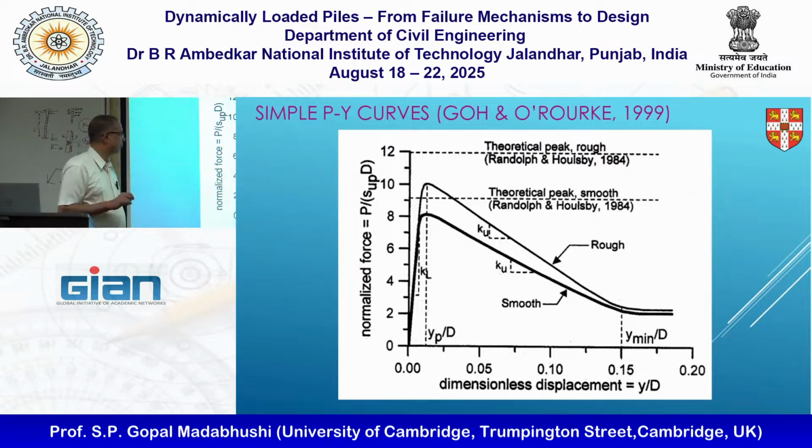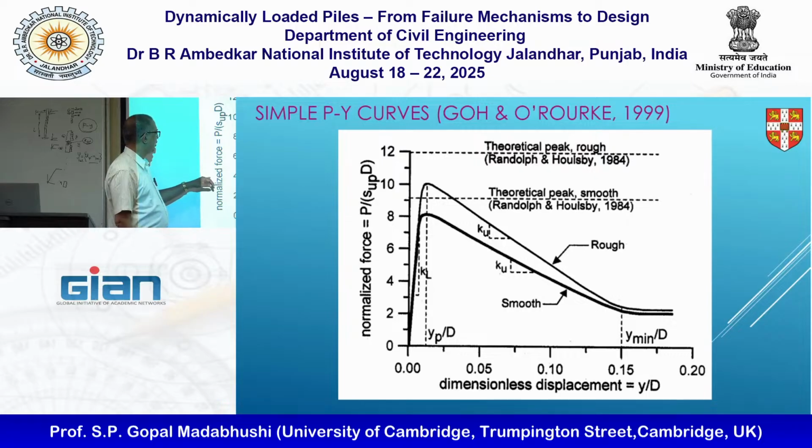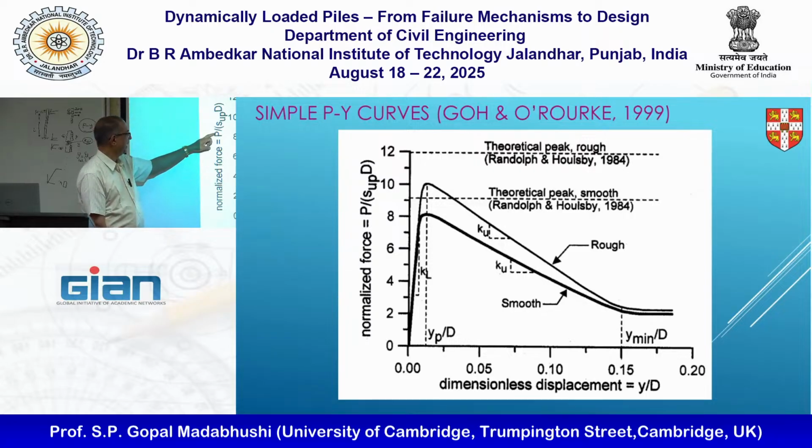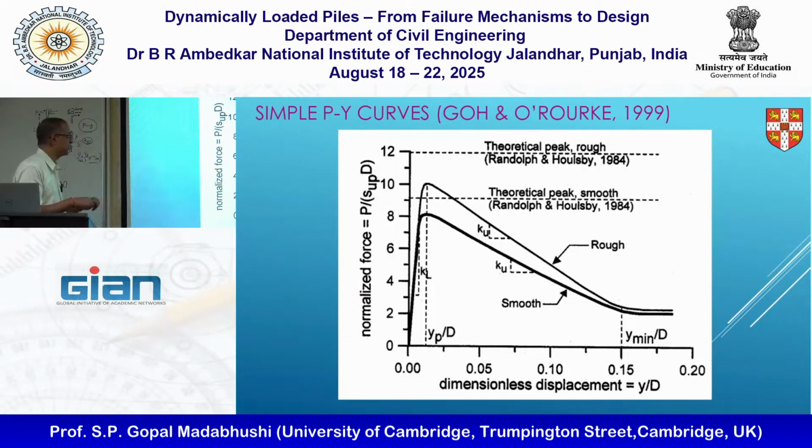Let me explain. Here you are plotting the P on this axis and displacement on this axis, which is what our PY curve should be, right? Instead of plotting absolute values, what they have done is to normalize them, which is a good way of going about things. So the normalized force acting on the pile, P divided by the undrained shear strength SU times the diameter. You should always make sure these are dimensionless, right? Let's check that.